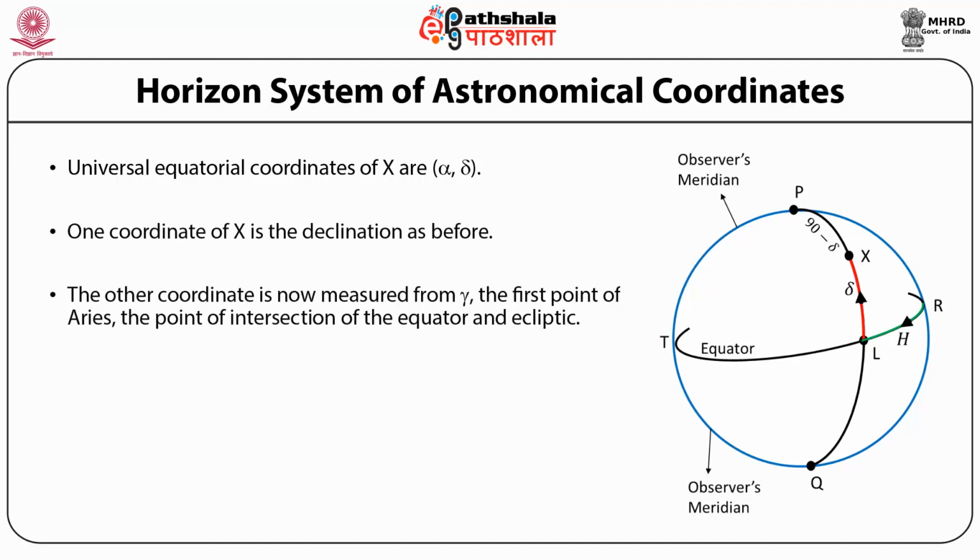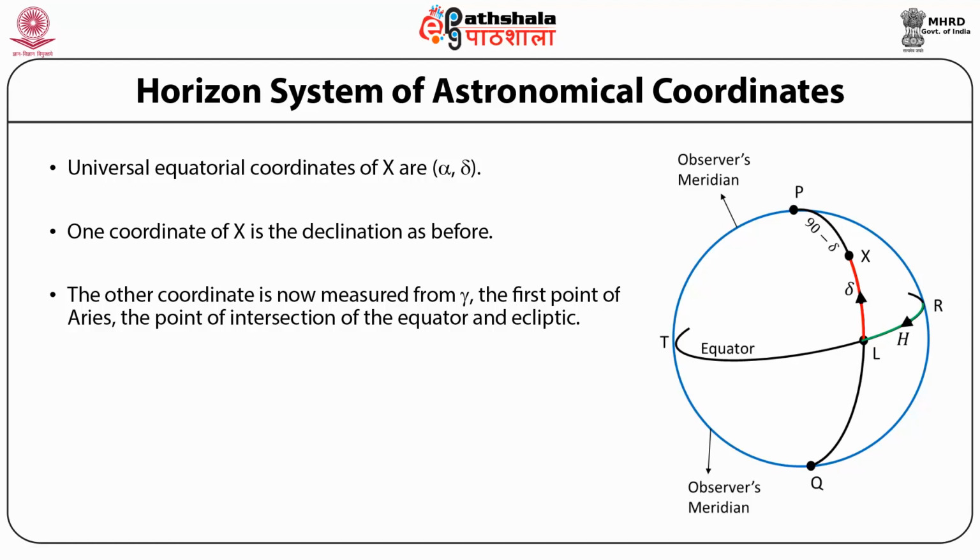The other coordinate is measured from a fixed point, the first point of Aries, marked in bold. The arc from the first point of Aries to L, marked as alpha, is the second coordinate. This is called the right ascension.